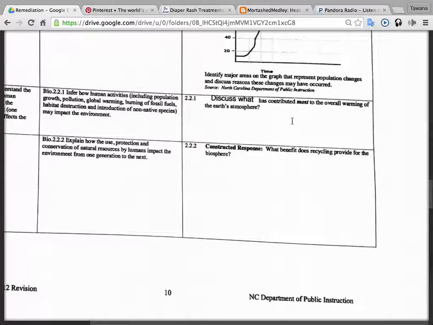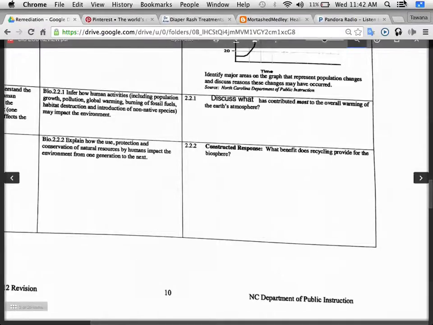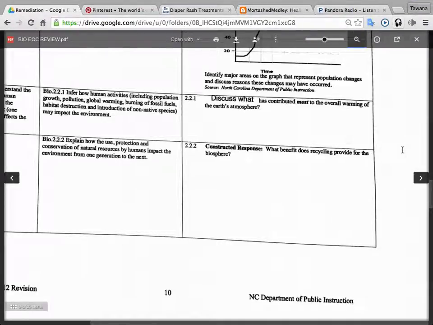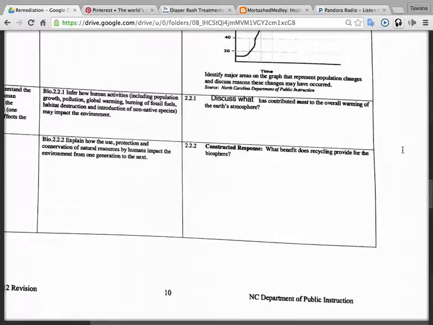You're going to discuss what has contributed most to overall warming of the atmosphere.